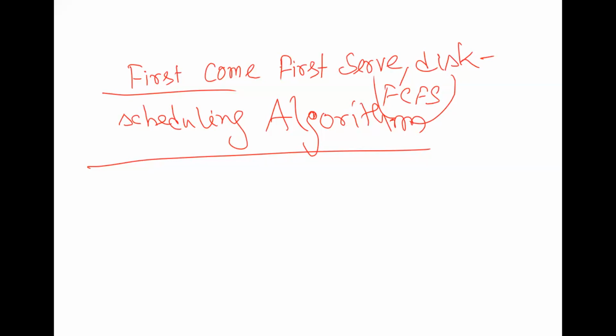Now let's see one example of how it will work. Let's say you get requests for tracks 5, 10, 20 and 30, and initially your read-write head is inside track number 5.